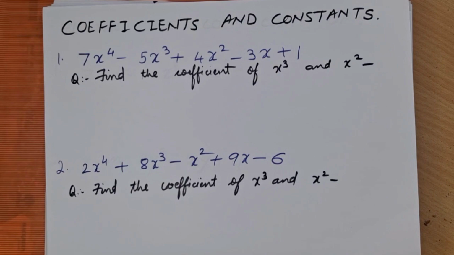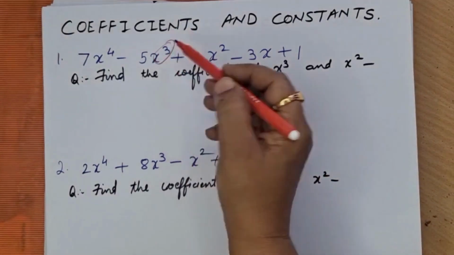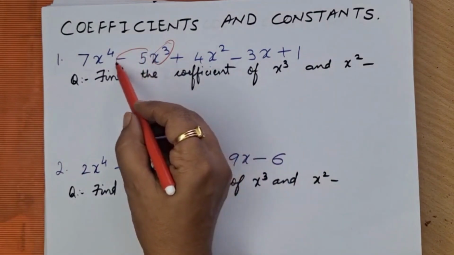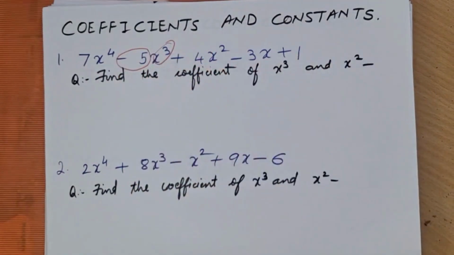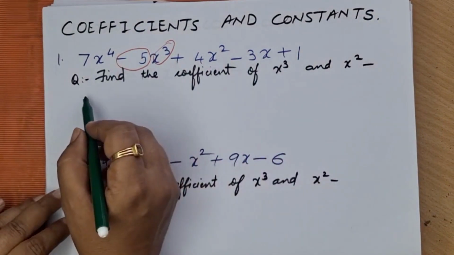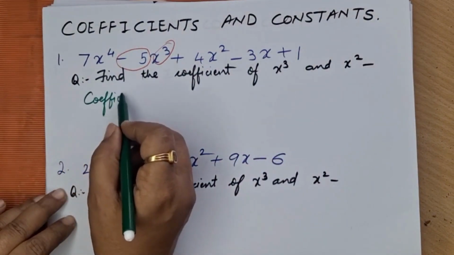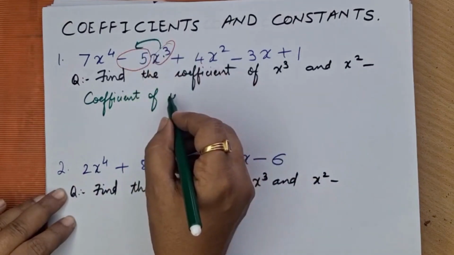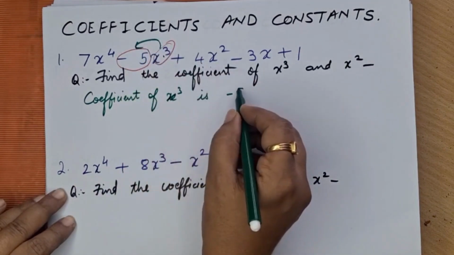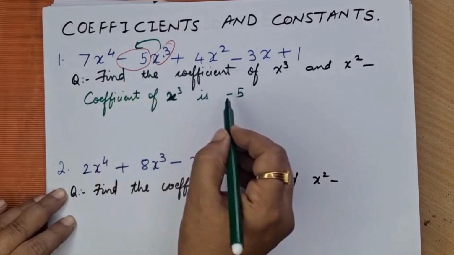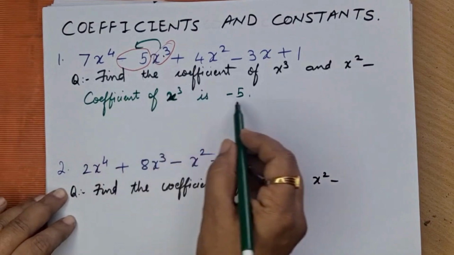So, let us look at x cube. Which number is in front of x cube? That's minus 5. So, this is the coefficient of x cube. Let us write the answer. Coefficient of x cube is minus 5. Now, here writing minus is very important in front of 5.